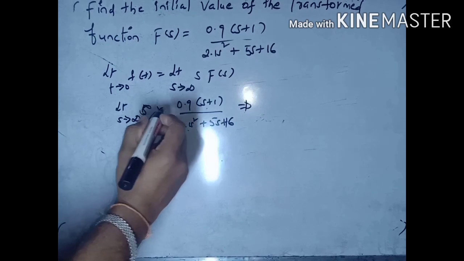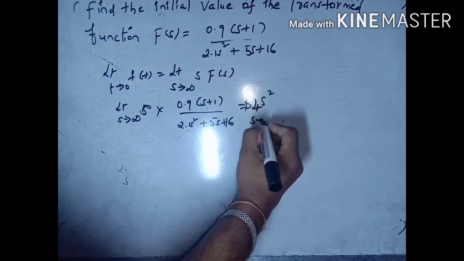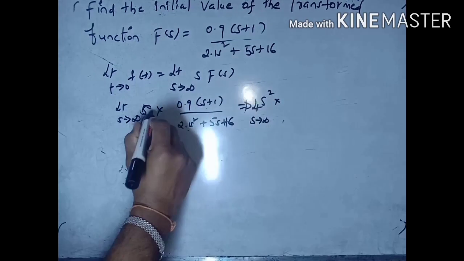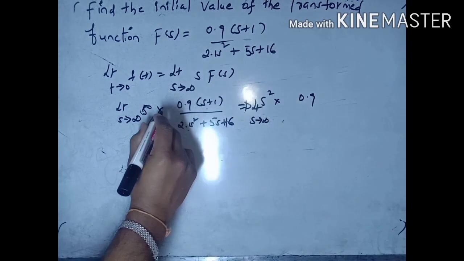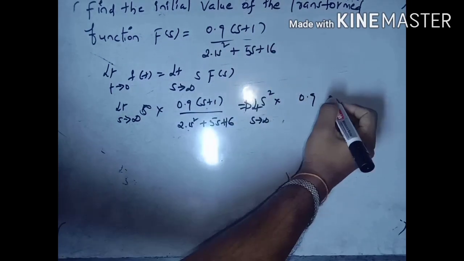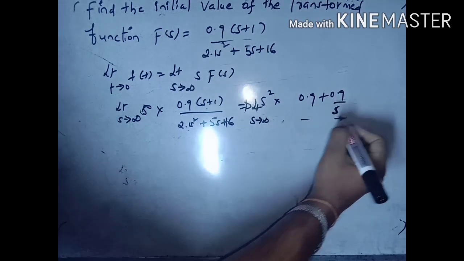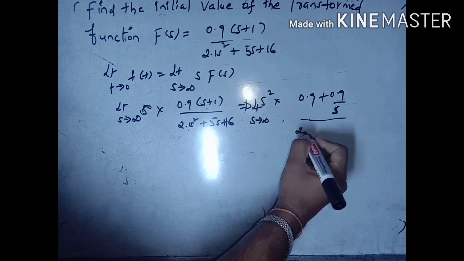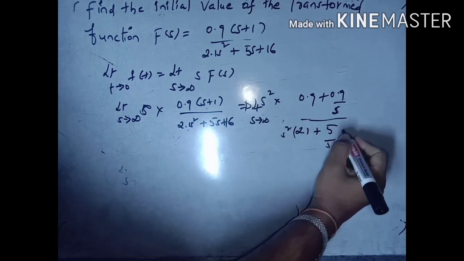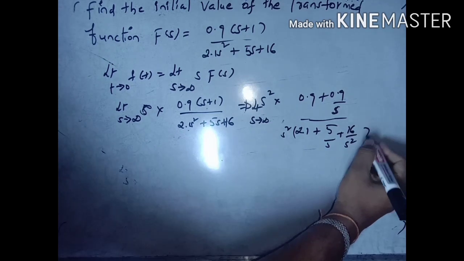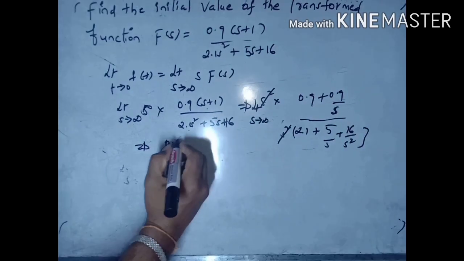We will take s square as common from this: limit s tends to infinity s square into 0.9 plus 0.9 by s, over s square into 2.1 plus 5 by s plus 16 by s square. So s square gets cancelled and we will get 0.9.